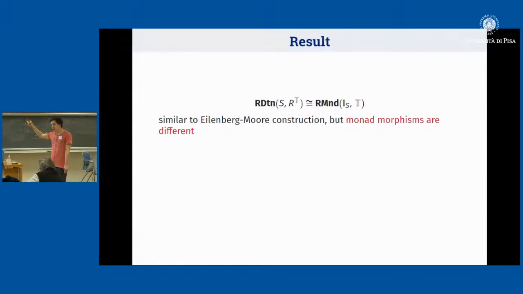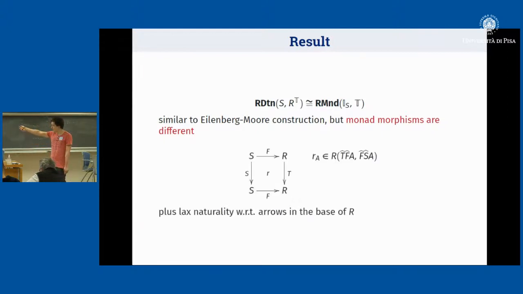But this is not the usual 2-category of monads, because there is a difference in monad morphisms, because our notion of algebra is not an arrow in the base category, but a relational notion of algebra. And so we need to fill the squares of monad morphisms by a family of relations and not by a natural transformation, which has to satisfy a bunch of axioms. I have no time to go into the details, but they are what you expect, I think, and what is needed to make the isomorphism work, basically.